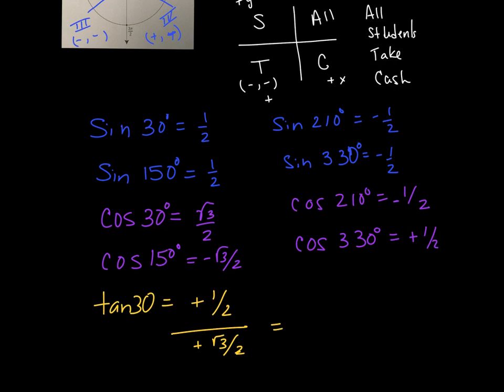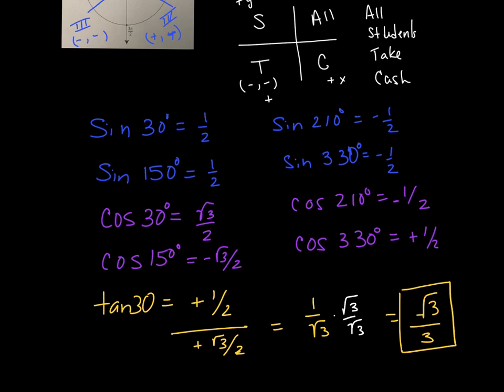Those 2's just cancel out, and you're left with 1 over the square root of 3. You have to rationalize that by multiplying by the square root of 3 over 3. So the tangent in this case is square root of 3 over 3.